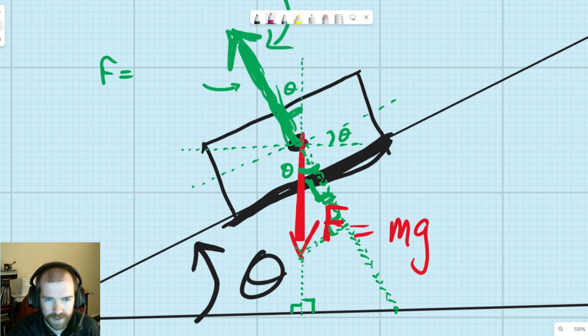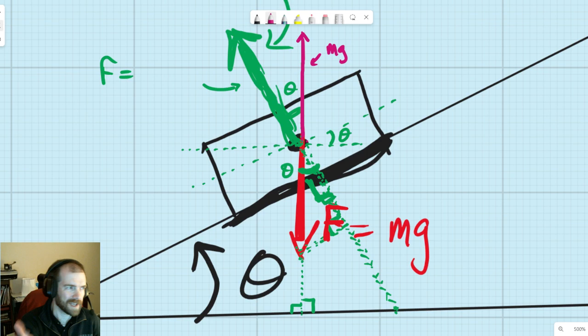Okay, let's go with magenta here. So this thing here has to be literally equal and opposite. But it doesn't actually exist. So we're saying that this is going to get pushed off to the side here because of the inclined plane. It has to be at a right angle to the surface it's sitting on.